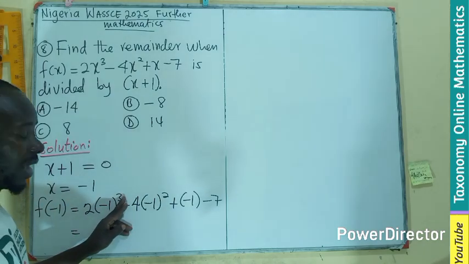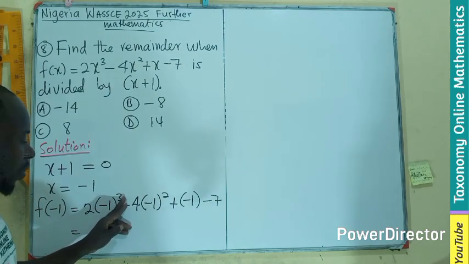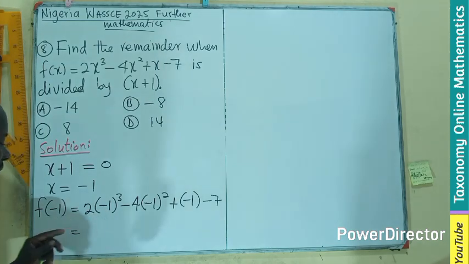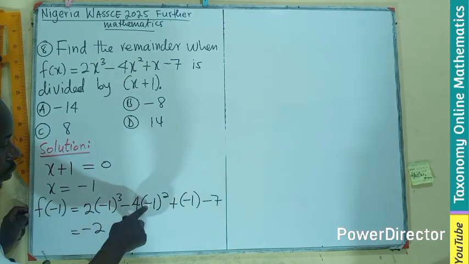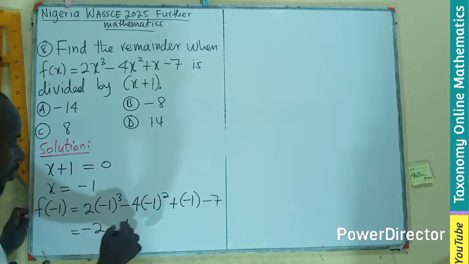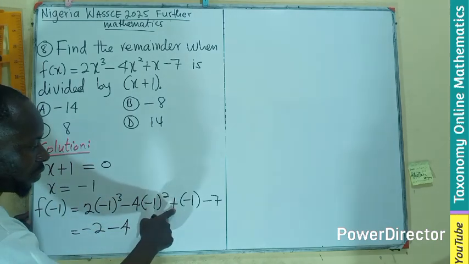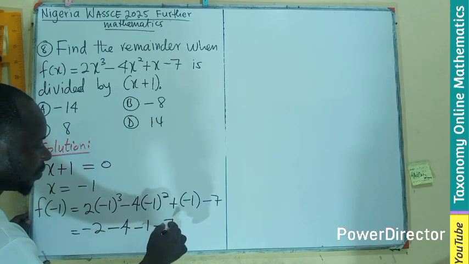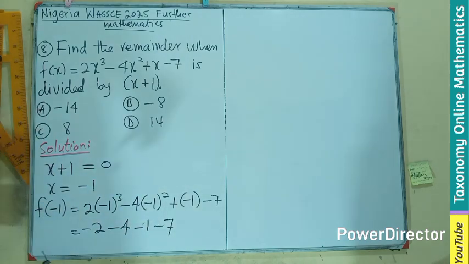If you have an odd number exponent, this is negative, so your result will still be negative. So −1 times 2 is −2. This is going to be positive, times 4 will still remain 4. This is going to have a negative effect, so −1, then −7.